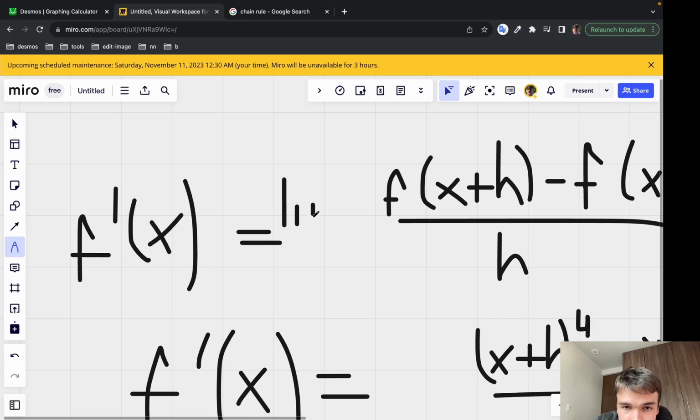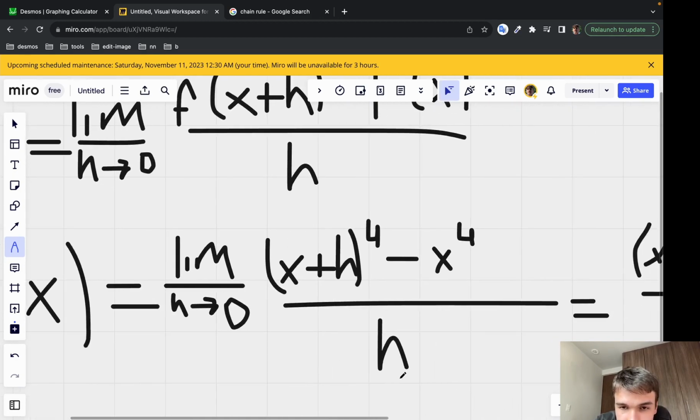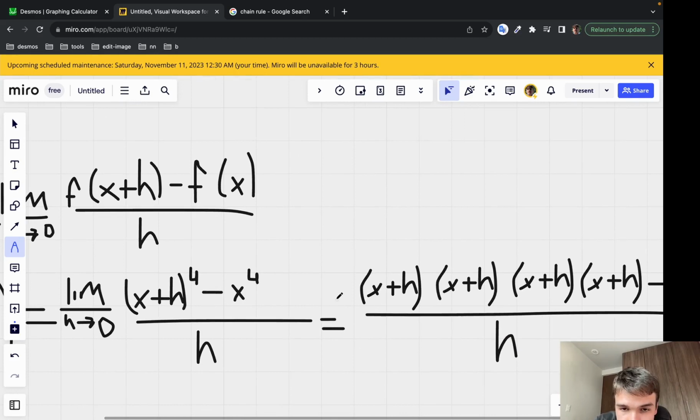So now the limit where h approaches 0, and this is a very important tool. We need to always remember it. Limit as h approaches 0 means that h will be infinitely close to 0.